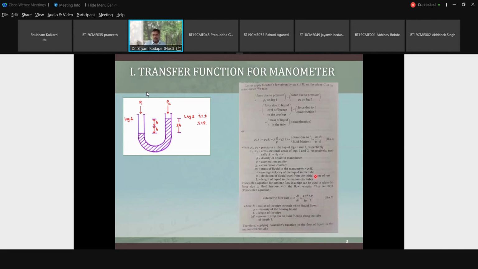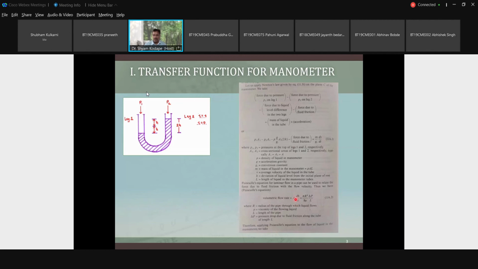Okay. Further, when we implement the force due to fluid friction, all the equations, the laminar flow equations and fluid friction equations, I will give you the in-between equations. The volumetric flow rate is A into the average velocity, where dh by dt is nothing but velocity.